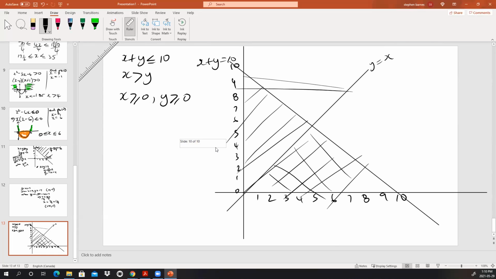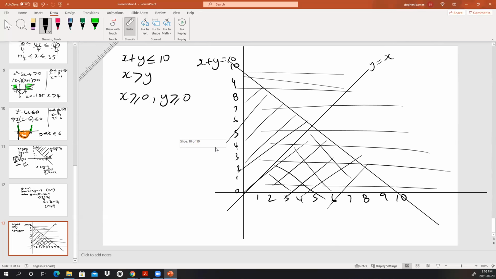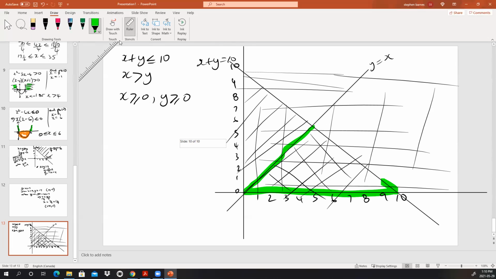So going across, x greater than 0 is everything over this side, and y greater than 0 is everything going up. But from what we can see, the region that we're concerned about is here. This area, this region right here, is overlapped by all the shades. So this is the region that we're concerned about.